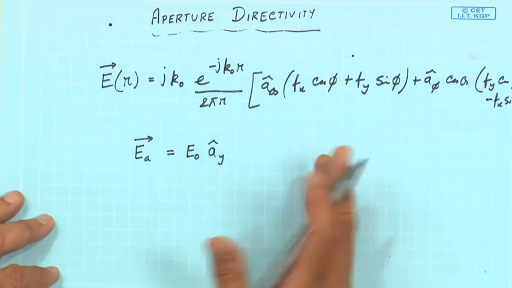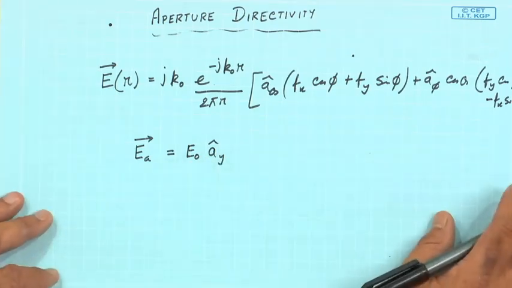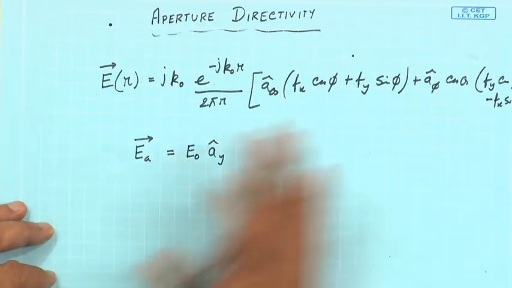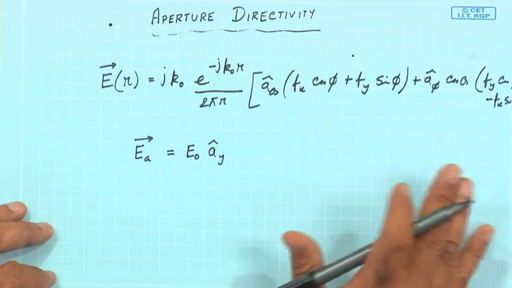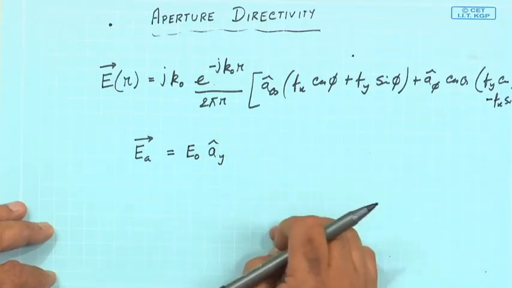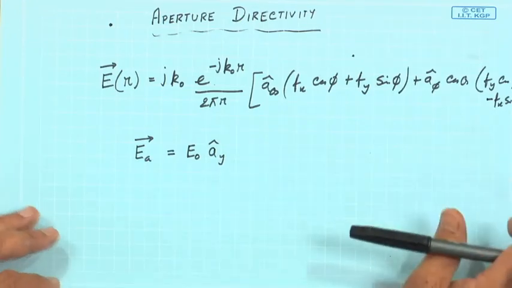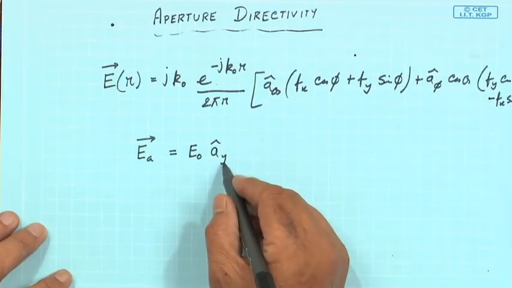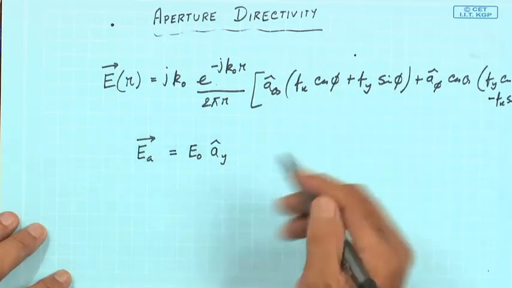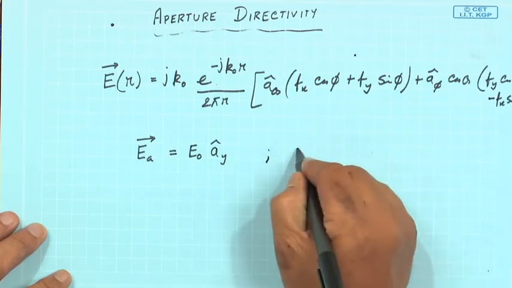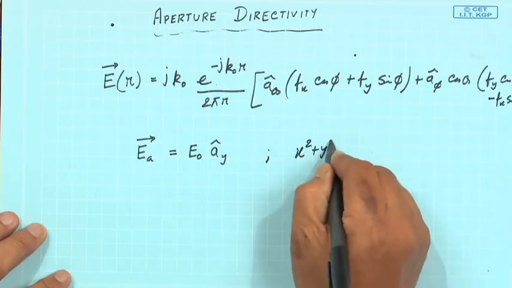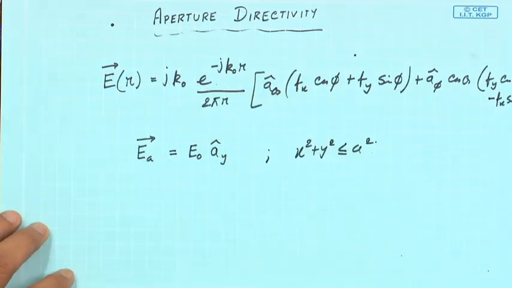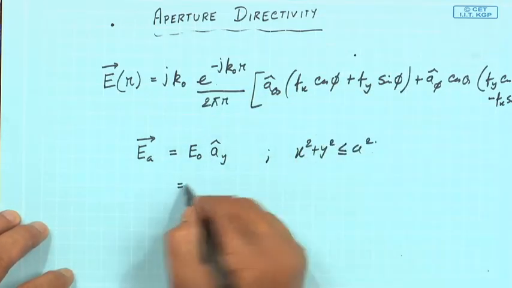Now, we have seen that it has got problems, but first let us see the directivity, that means what maximum we can achieve if we can create this uniform field. I have arbitrarily taken a y polarized field, as in any single polarization. So, this is valid for x squared plus y squared less than or equal to a squared, a circular disc, and 0 otherwise.